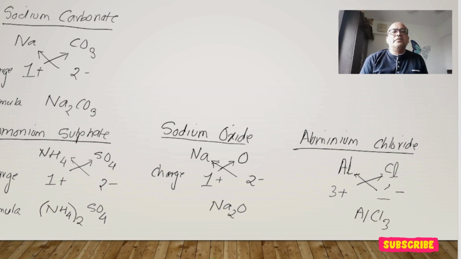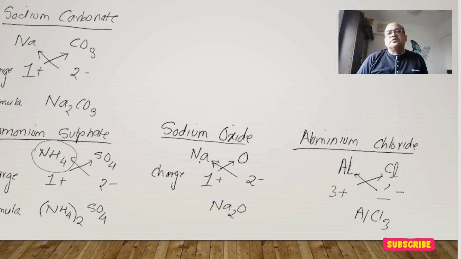The 2 is coming here, and this is an ion itself. Then the 2 will come outside the bracket. And here there is no need to write a bracket, because a single SO4 is there.